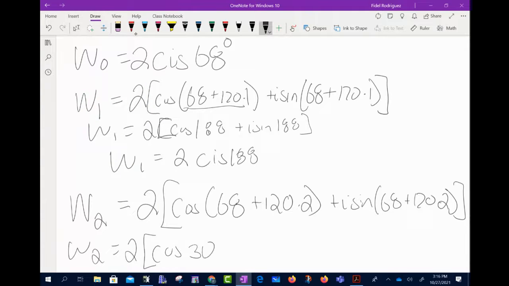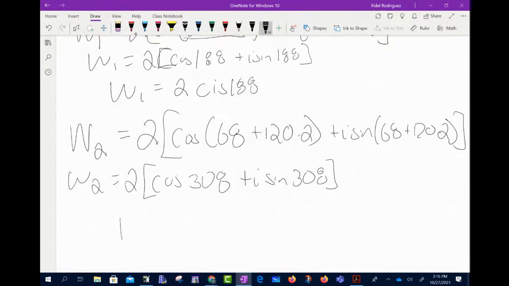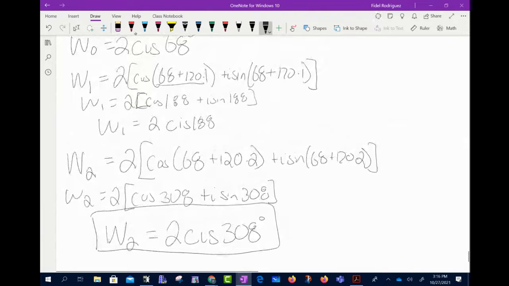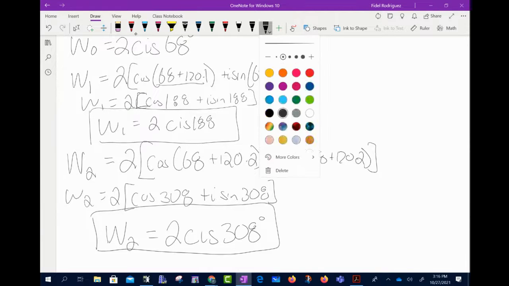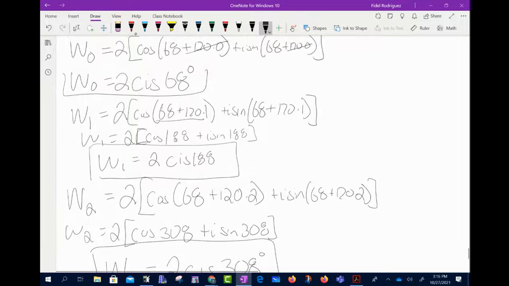So this is going to be cosine of 308 plus i sine of 308. And we might just write it like this, using the little abbreviation, W equals 2 CIS of 308. There's one answer, there's two answers, and there's the third one. So that's it.